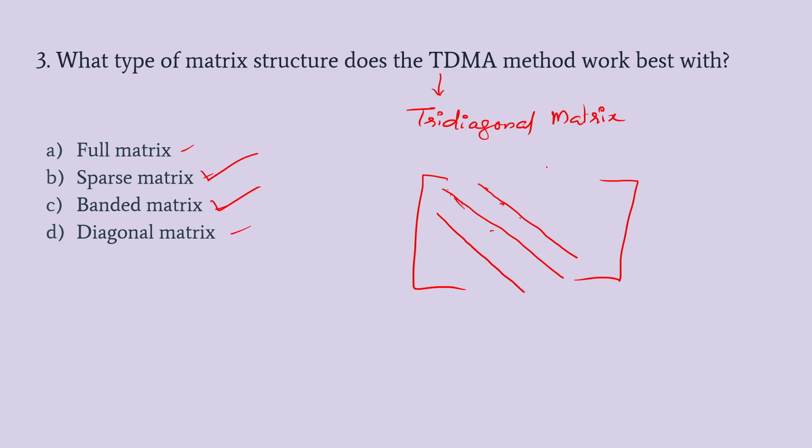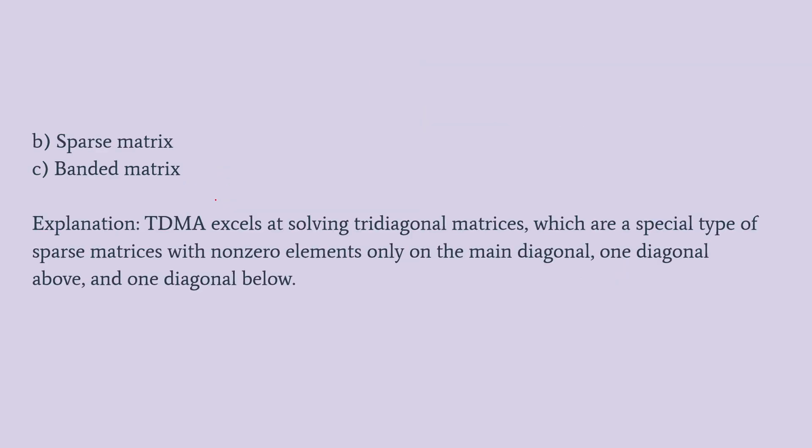A sparse matrix means the number of zeros should be more than the number of non-zero elements. Also, in these subdiagonals, some elements can be zeros. So it can also be a sparse matrix. So for both sparse matrix and banded matrix, the TDMA method can be used.